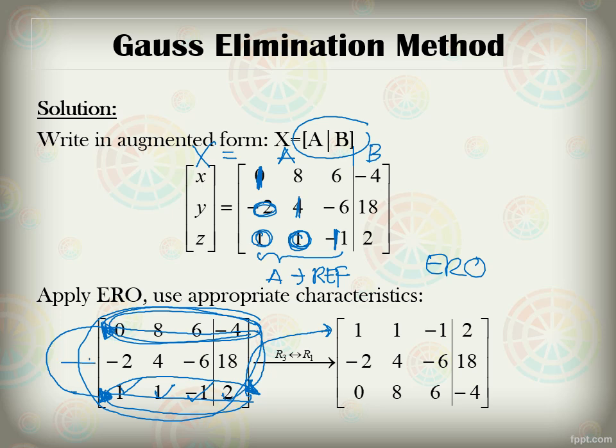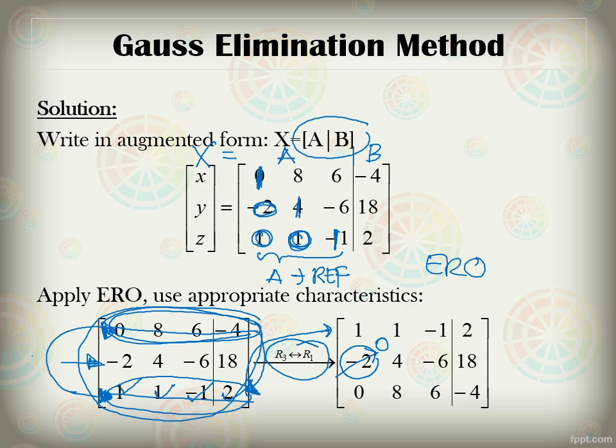And don't do anything to your row 2 because row 2 does not change. We only interchange row 3 with row 1. Okay, so next our aim is to reduce minus 2 here to 0.